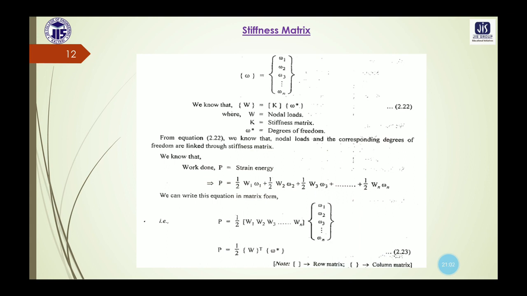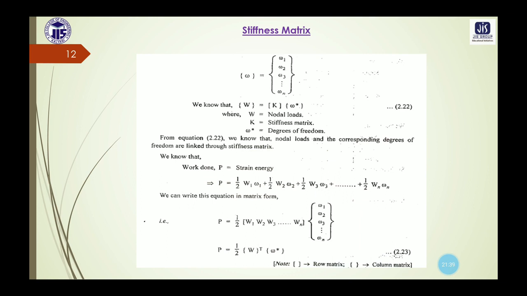Now the formula of the work done, that is P, equals strain energy. So P equals half W1 omega 1 plus half W2 omega 2 plus half W3 omega 3, up to half Wn omega n. This can be written in matrix form as P equals half, the row matrix W1, W2, W3 up to Wn multiplied by the column matrix omega 1, omega 2, omega 3 up to omega n.